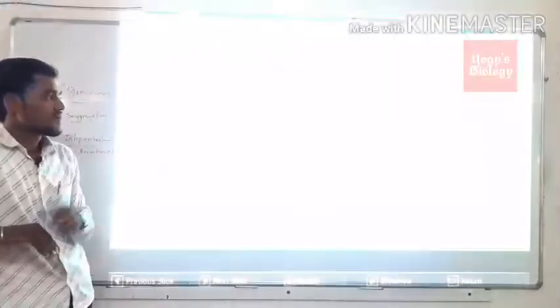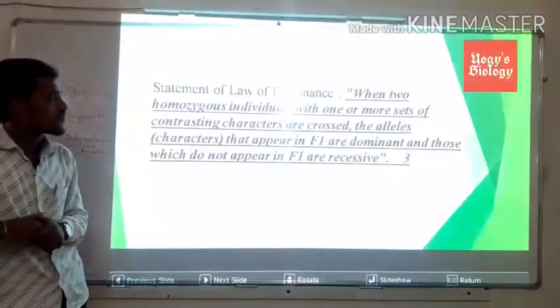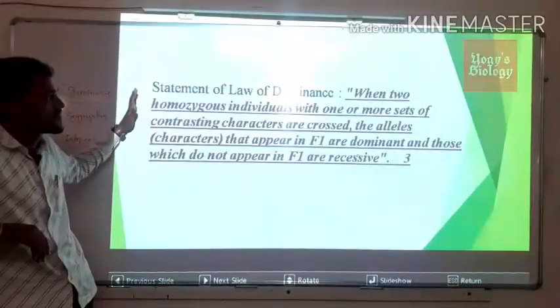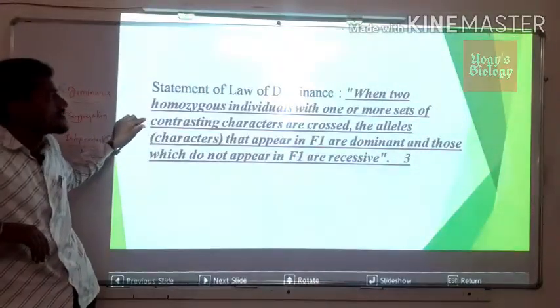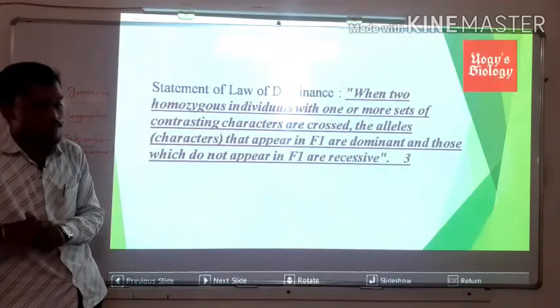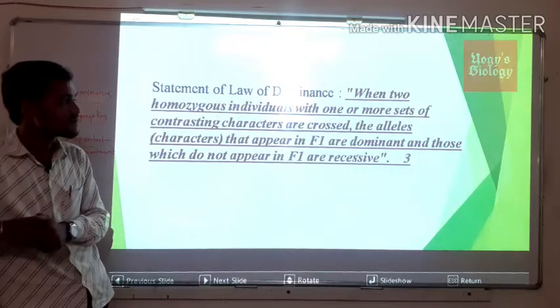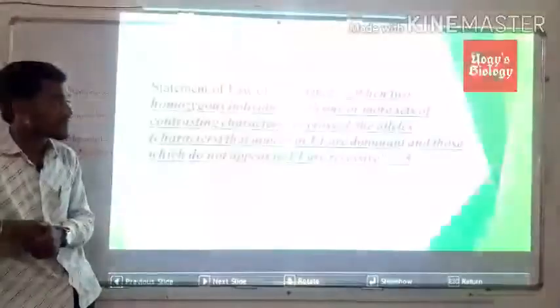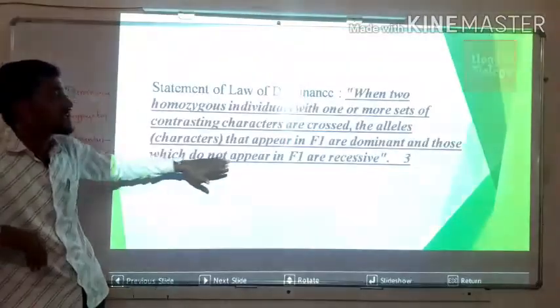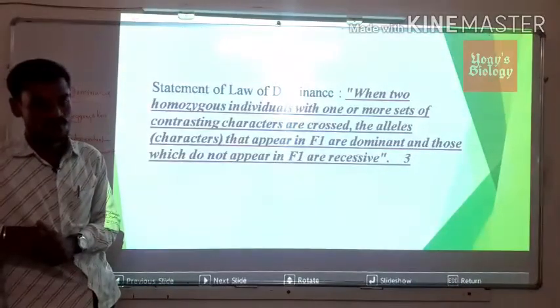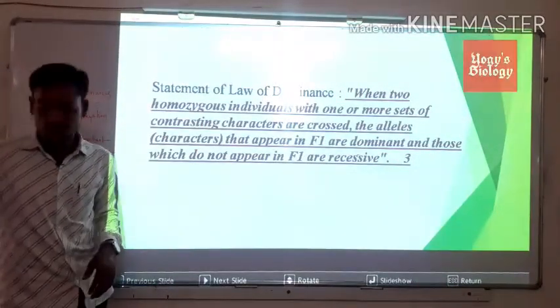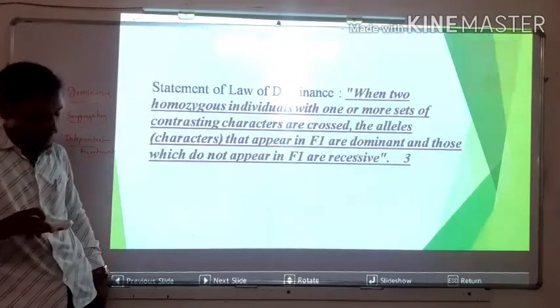We already discussed this in the monohybrid cross: contrasting characters, homozygous individuals crossed. The characters that appear in all F1 hybrids are dominant, and those that do not appear in F1 are recessive. This is the statement of the law of dominance.